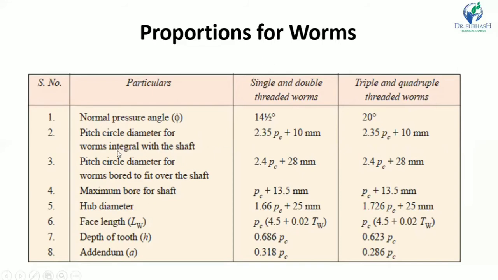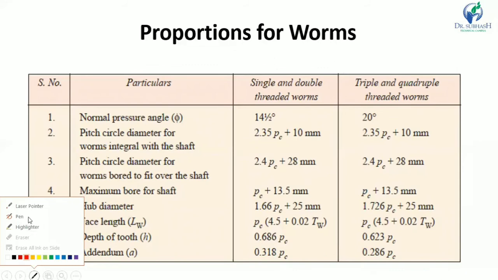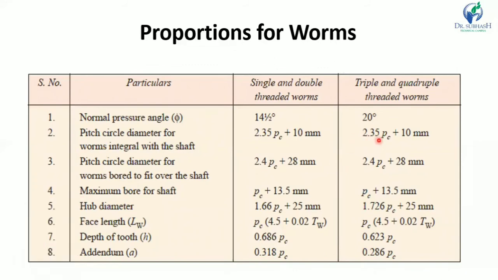Pitch circle diameter for worm integral with the shaft, that is dW, is equal to 2.35 PC plus 10 mm. Pitch circle diameter for worms bored to fit over the shaft is 2.4 PC plus 28 mm. Maximum bore for shaft is PC plus 13.5 mm.